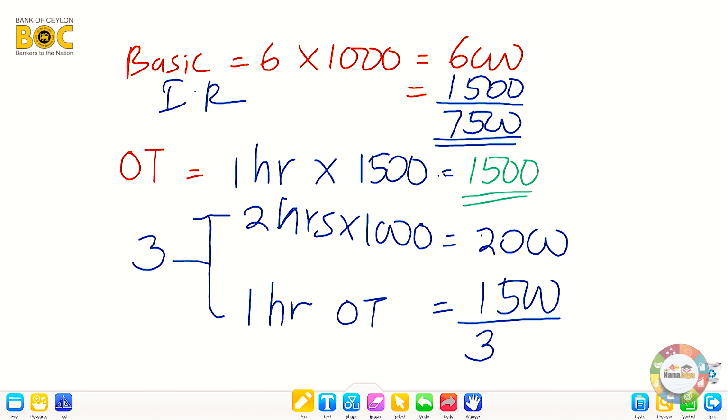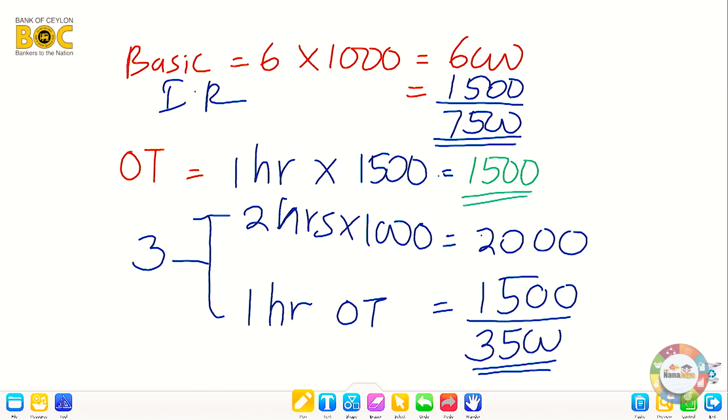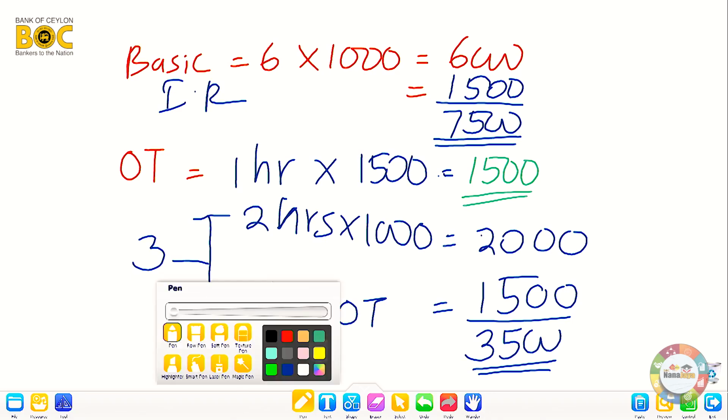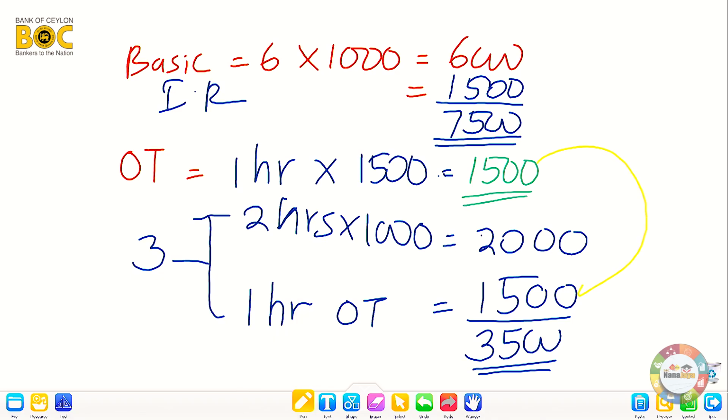So he has earned 3500 rupees: 2000 plus 1500.